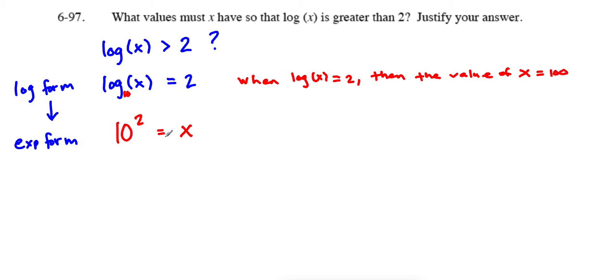So if we're trying to come up with a way to represent when we're going to have values that are greater than 2, then we need to think about other situations. For instance, if we had the log of x equal to 3, in exponential form, 10 to the third power would equal our x, and x would end up equaling 1,000.